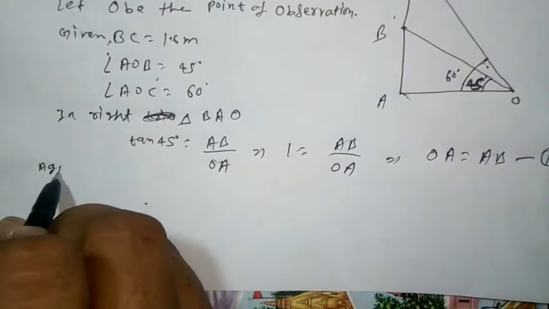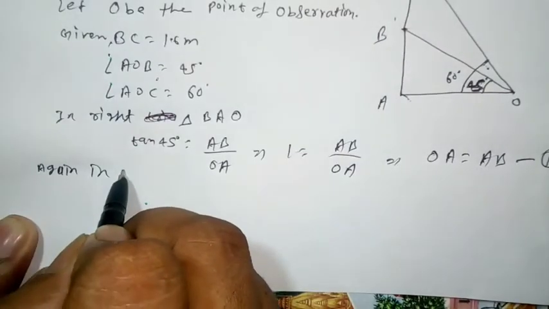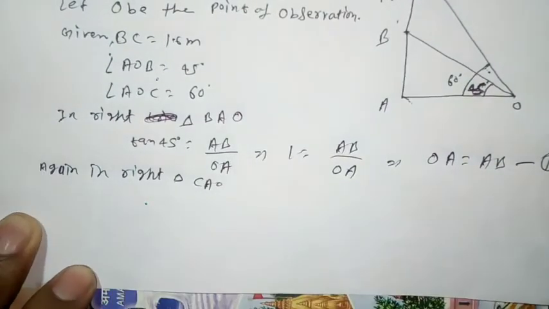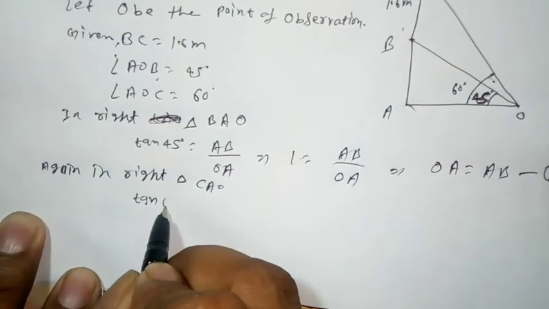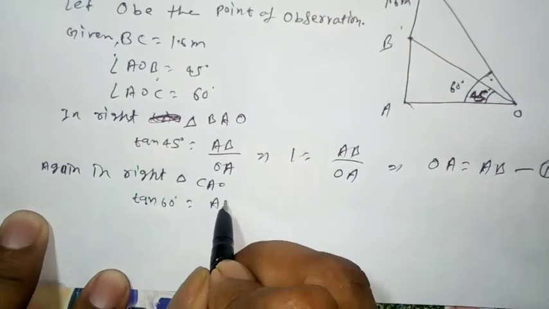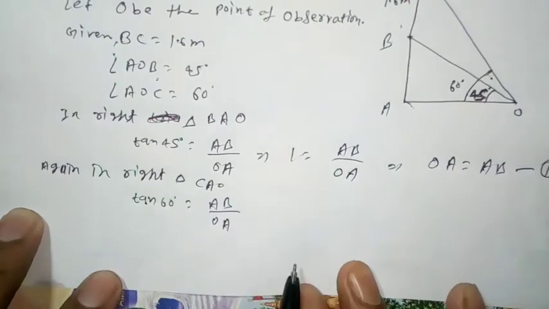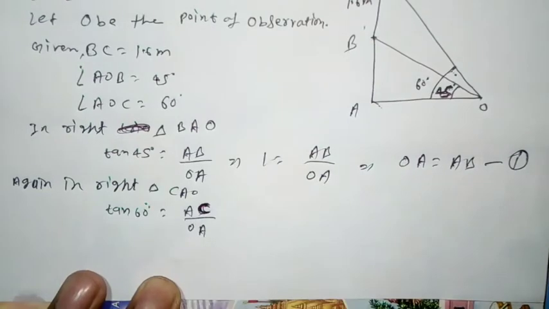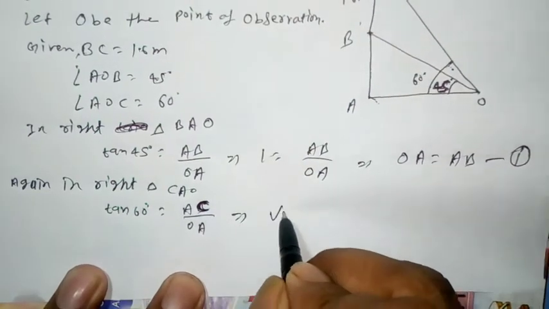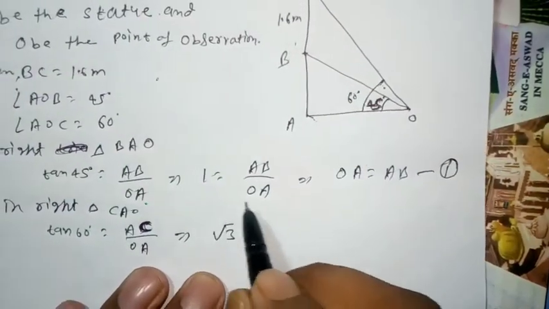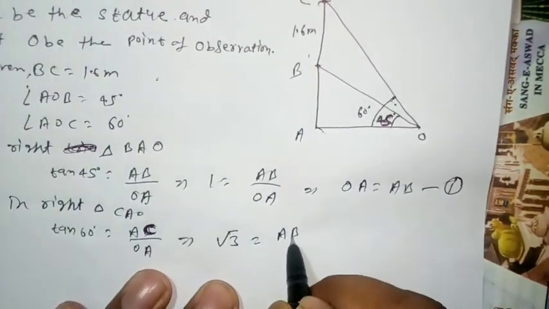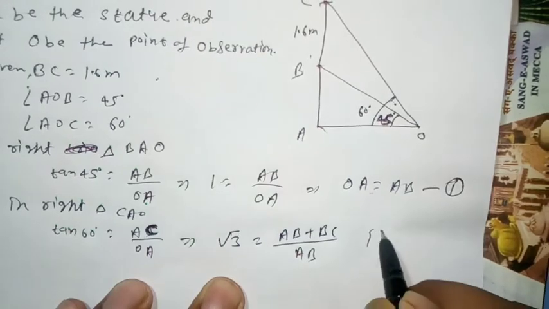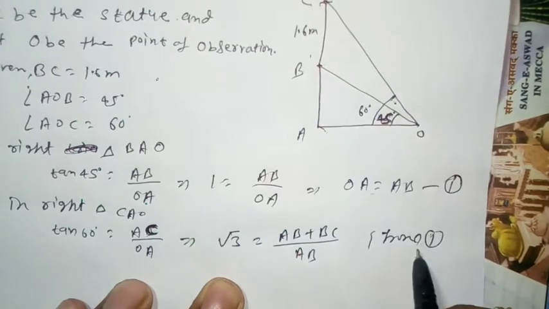Again, in right triangle CAO, tan 60 degrees is equal to AC by OA, implies root 3 is equal to AC, which is AB plus BC by OA, equal to AB from equation 1.